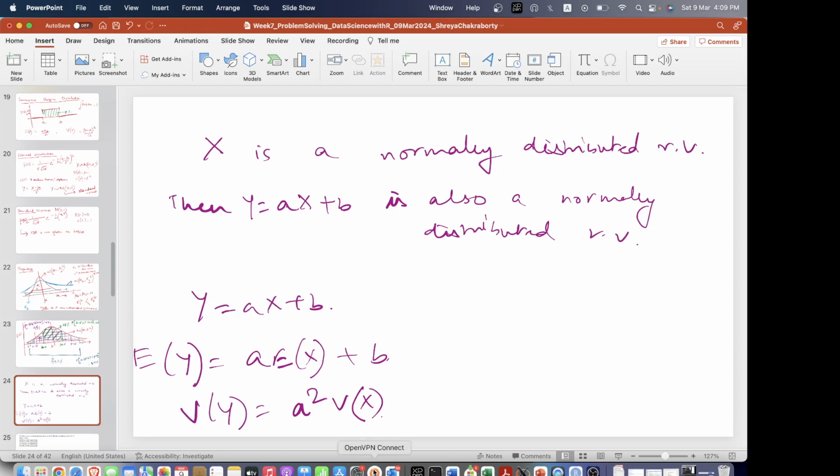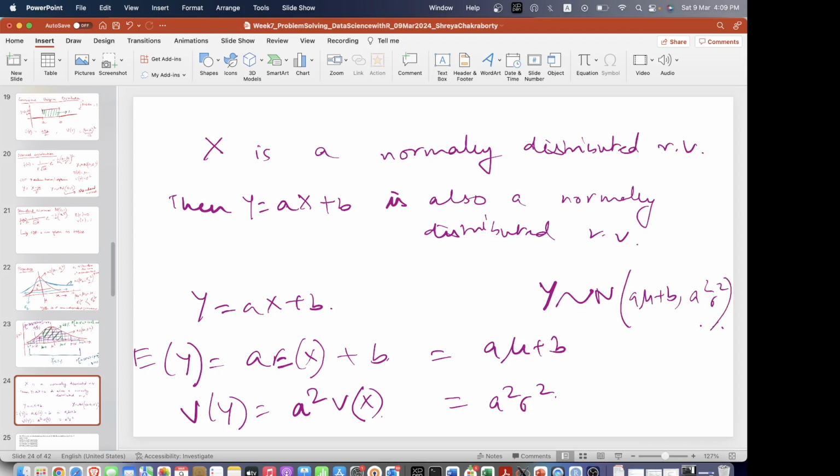So this will be a mu plus b, and this would be a square sigma square. So then y would also follow a normal distribution with a mu plus b mean, and a square sigma square would be its variance.